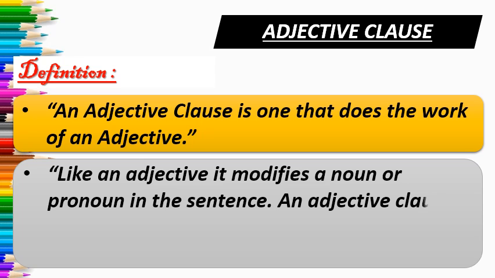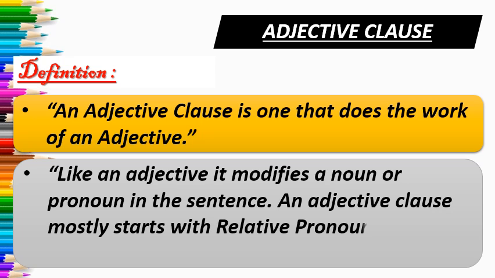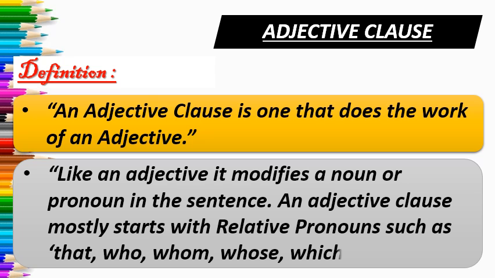An adjective clause mostly starts with relative pronouns such as that, who, whom, whose, which, etc. Now, dear students, in simple way, you can say that a clause that does the work of an adjective is called an adjective clause.